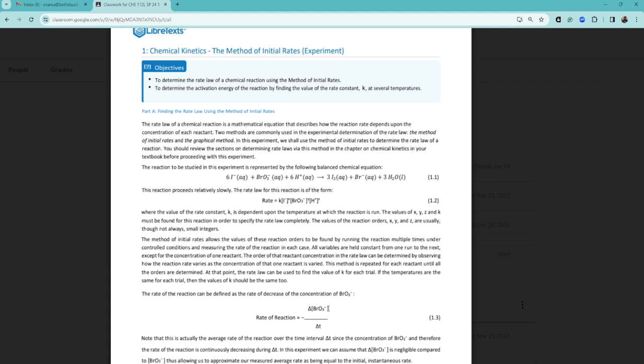And certain reactants could result in a reaction order of 2, a second order reaction, where every time I increase the number of molecules, the rate goes up by the square of that increase.